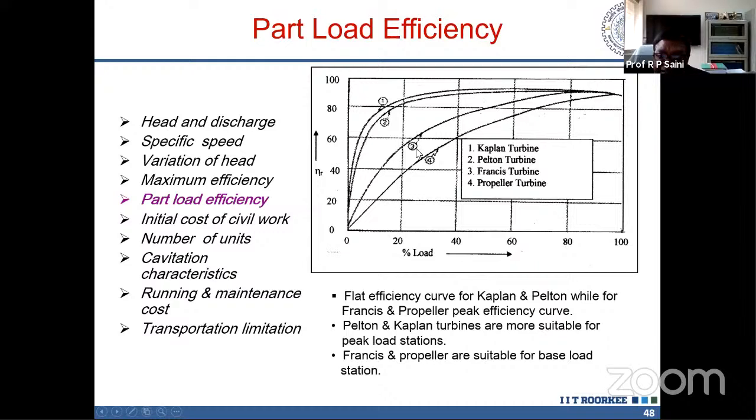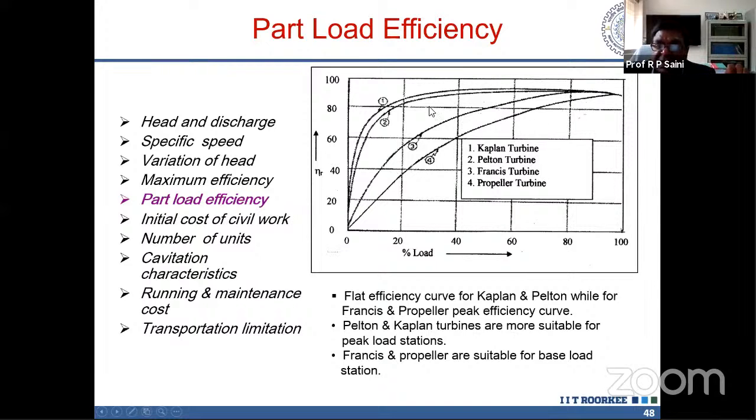So these are the characteristics. Sometimes I tell you that these are the operating characteristics. In a hydropower station, machines will behave like this. What is the behavior? Their maximum efficiency will be there at full capacity. You can operate the turbine at a lower capacity also by adjusting the head or available discharge, but the efficiency will be like this.